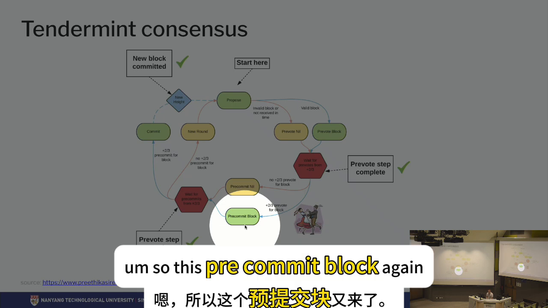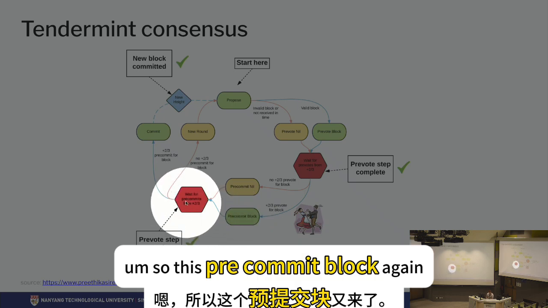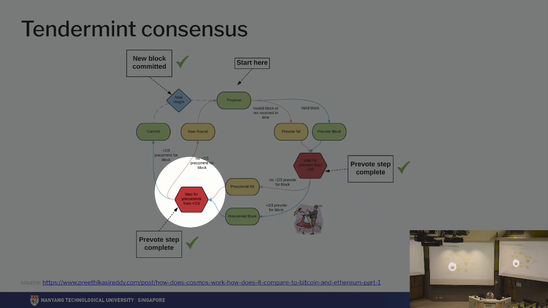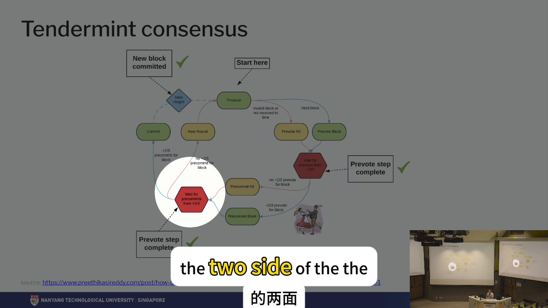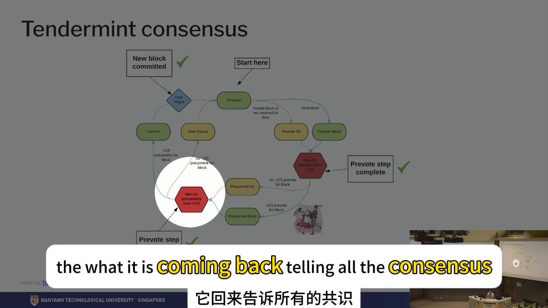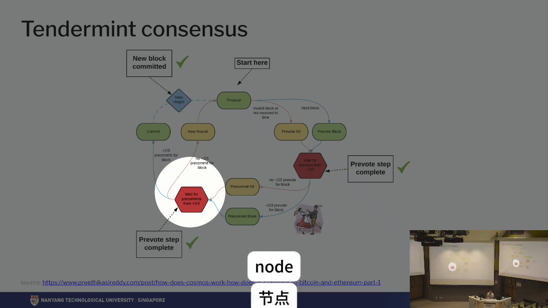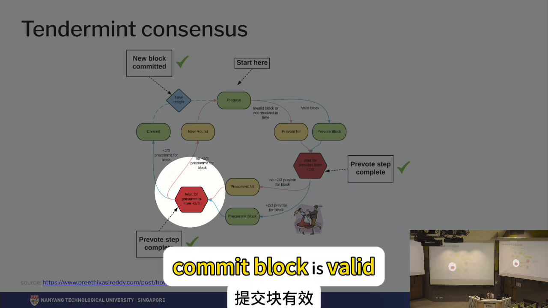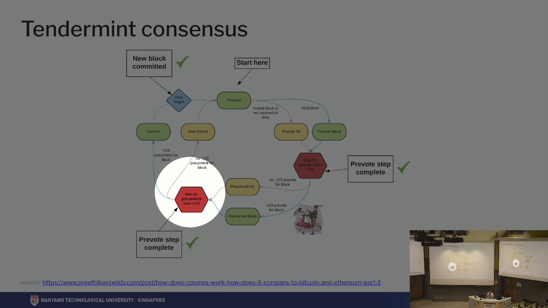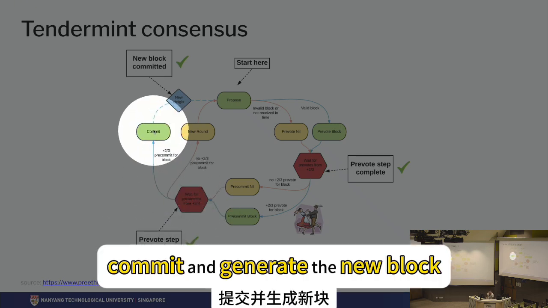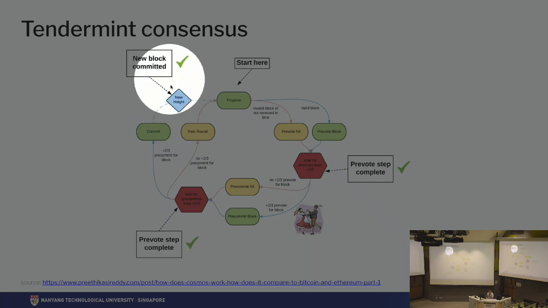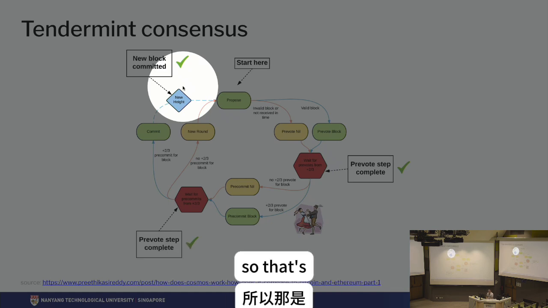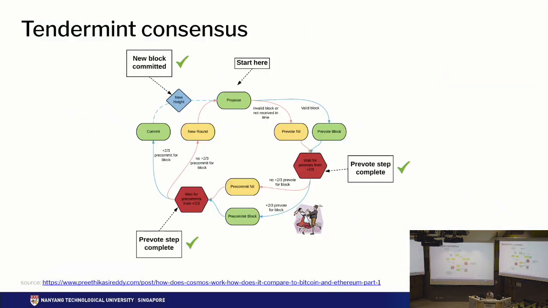All the validators wait for two thirds of the validators to come back telling all the nodes running the consensus that this pre-commit is valid. Only after that do they commit, generate the new block, and insert it into the previous block. That's the Tendermint consensus.